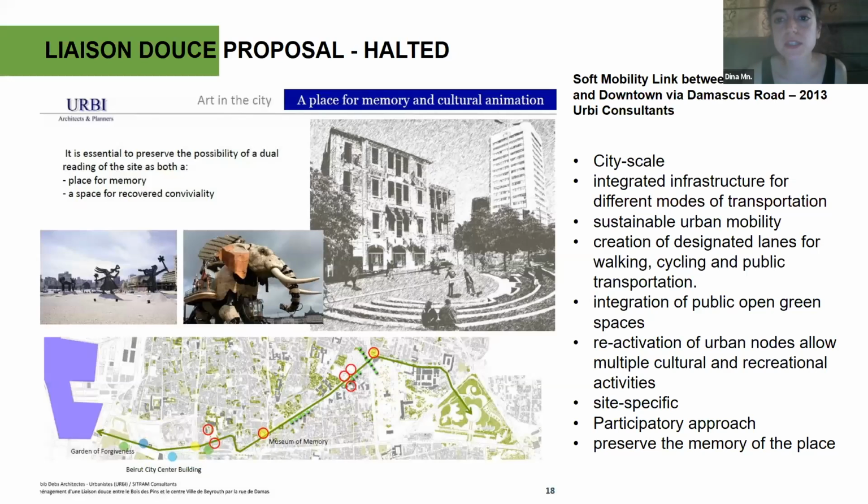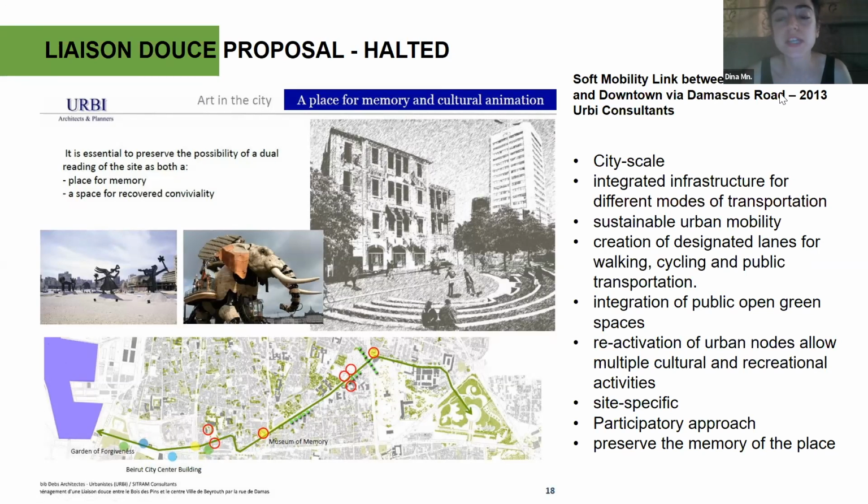Particularly, there is a proposal called Liaison Douce. It is a proposal that was done in partnership with the municipality, and it is a city-scale proposal that integrated different modes of transportation in the city.